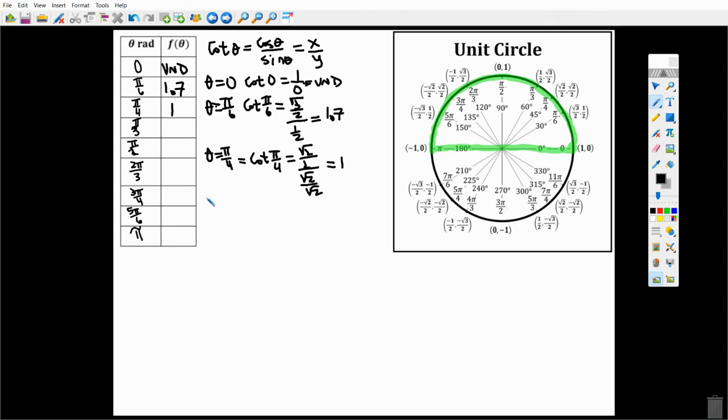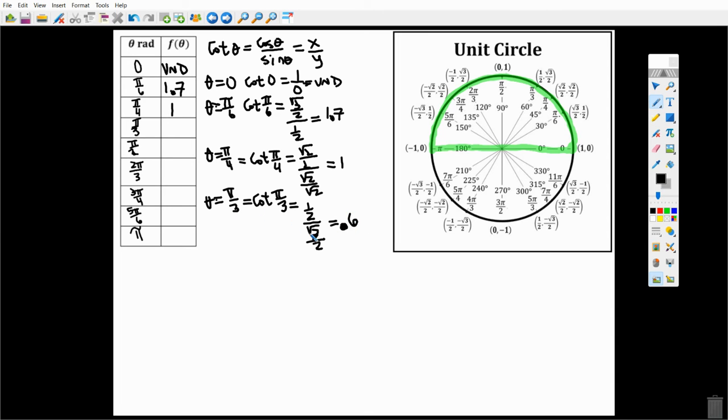At theta equals pi over 3, that is cotangent of pi over 3, which ends up being radical 3 over 2 divided by, actually, no, backwards, excuse me. That's 1/2 divided by radical 3 over 2, and that ends up being 0.6.